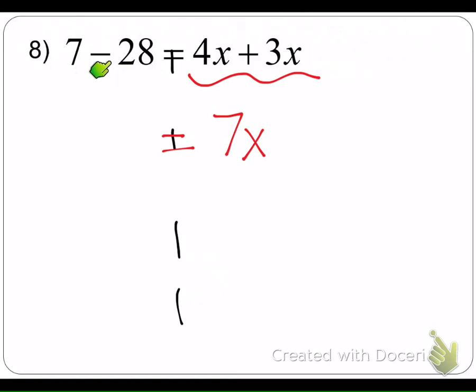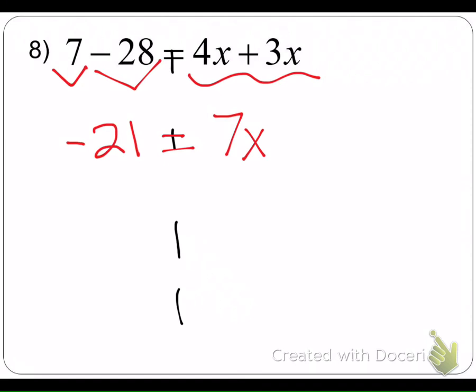There's a regular old number minus another regular old number. It'd be a negative what? 21. Good. So you have like terms on both sides of the equal sign. So you can combine those like terms all at once and then get the x by itself.